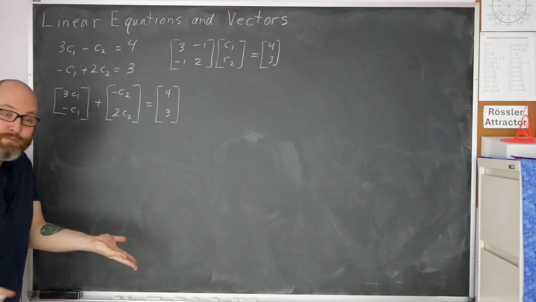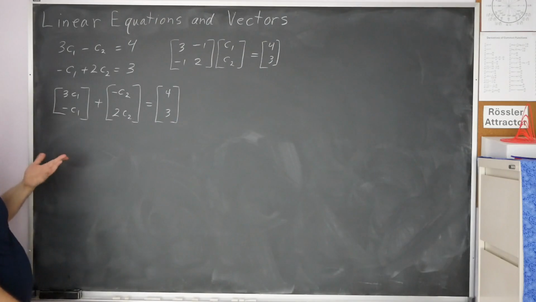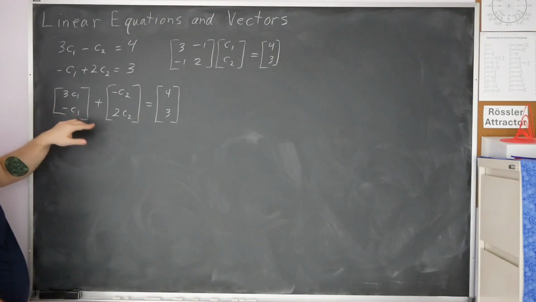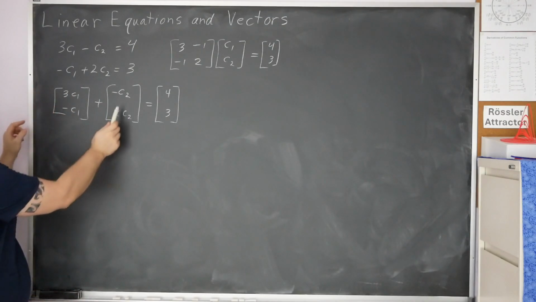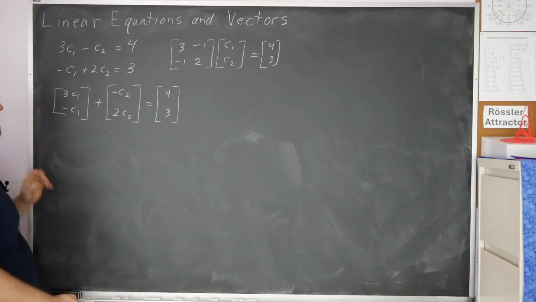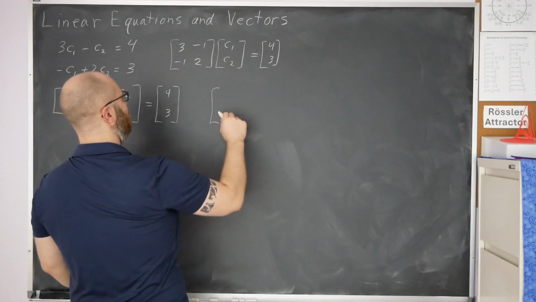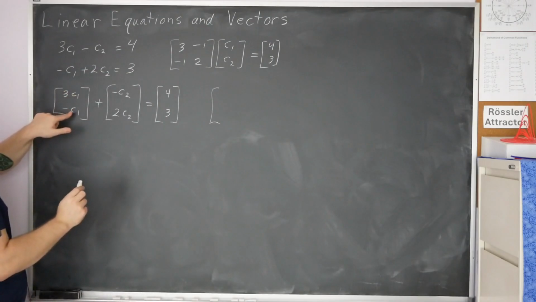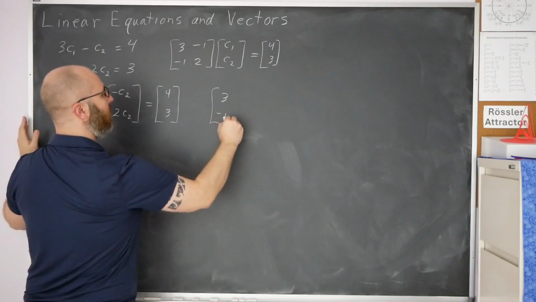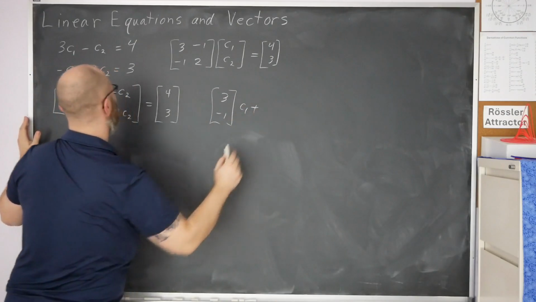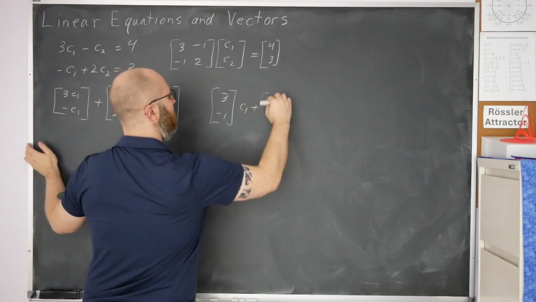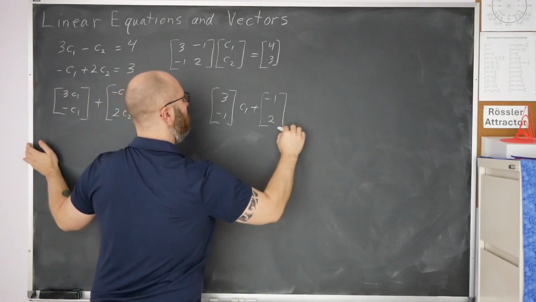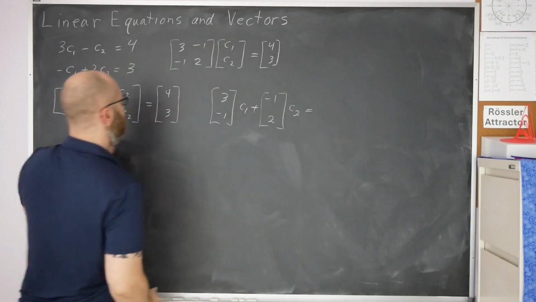But I could make it even simpler, or I guess not as wordy. I could take c1 out of this vector, move it outside, and I could take c2 out of this vector and move it outside. This is the same then as, right, 3, negative 1 times c1 plus, I've got negative 1, 2 times c2. That has to equal 4, 3.